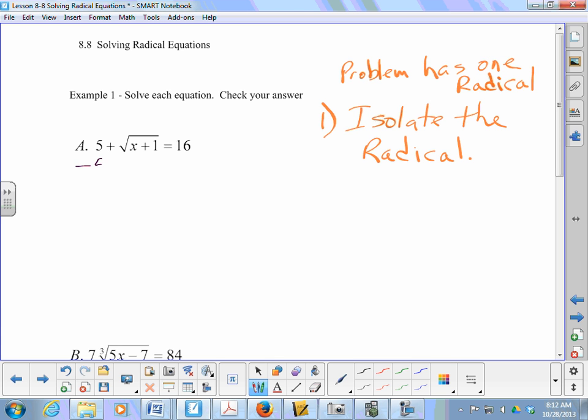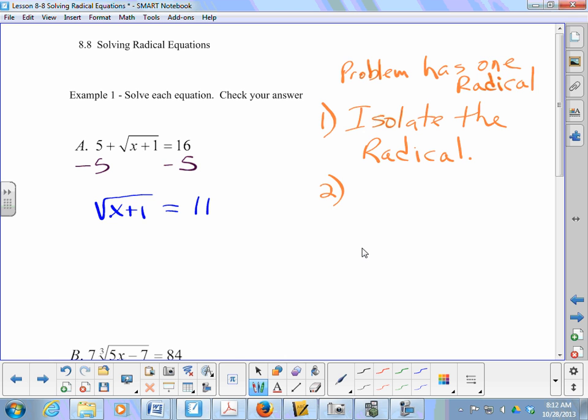All right, so we'll subtract 5 from both sides. So we get the square root of x plus 1 equals 11. Okay, so I've isolated the radical. So now what do I do?